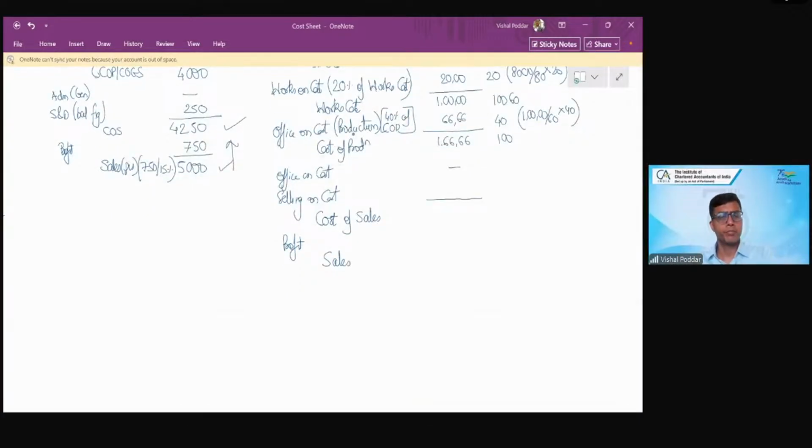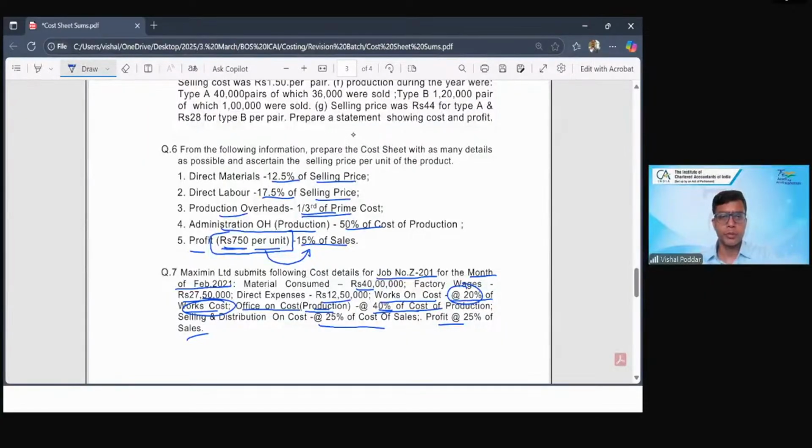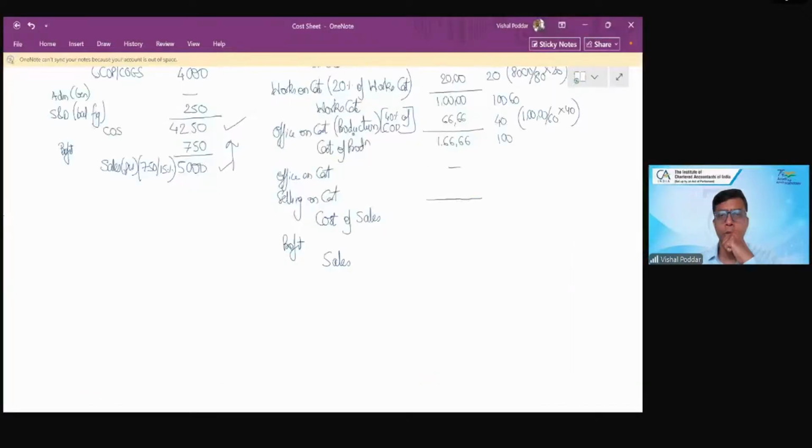So now then again, what is given for selling and distribution? It is 25% of cost of sales. So this is again 25% of cost of sales. So let this be 100. This is 25. So now this becomes 75.